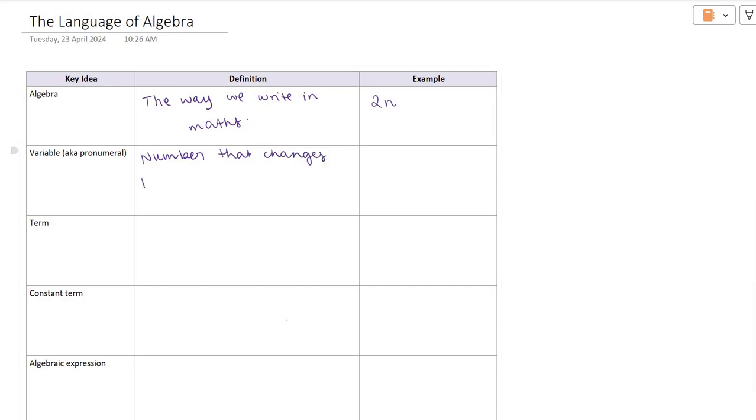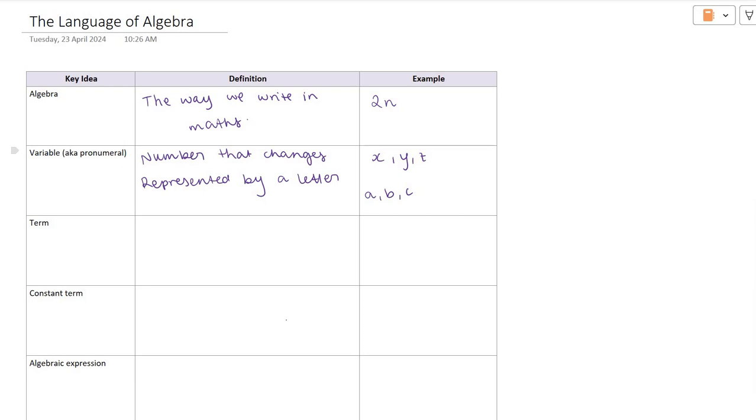This is usually represented, or almost always represented, by a letter, okay? So some examples of letters you'll come across are things like X, Y, and Z, and things like A, B, and C are the more common ones. And the reason for that is because we don't use them a lot for other things in maths. So we try to stay away from letters like M because we use that for things like meters.